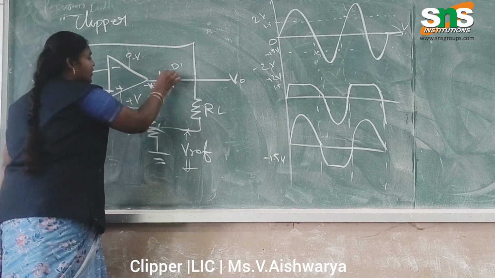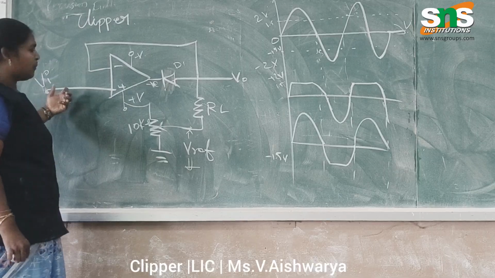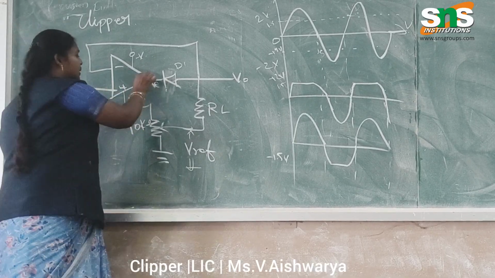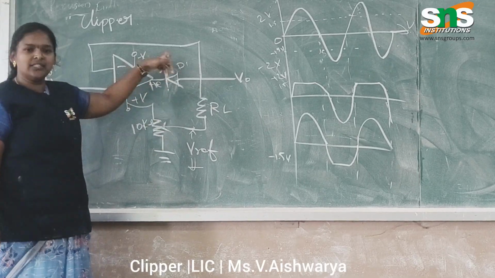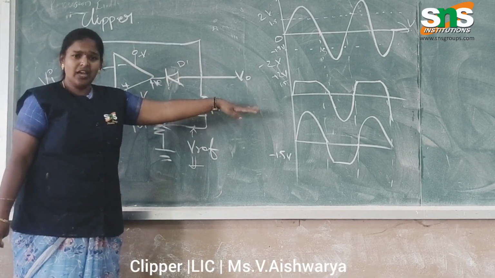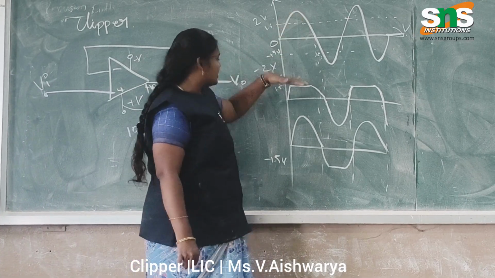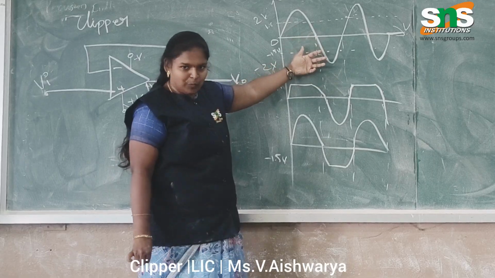For the positive clipper, the diode position will be like this. Applying a positive signal to this amplifier, plus into plus plus, the plus signal is given to the cathode terminal, so no signal flows through the diode, and the output goes to the reference signal. That reference signal clips off the positive portion.